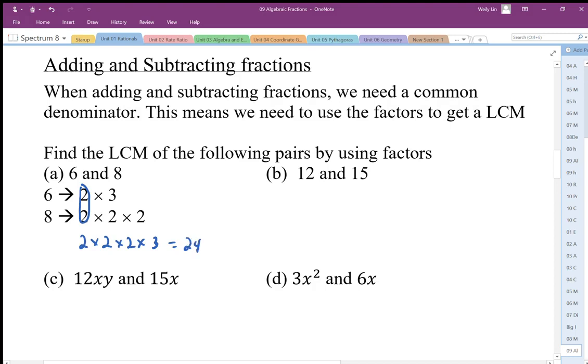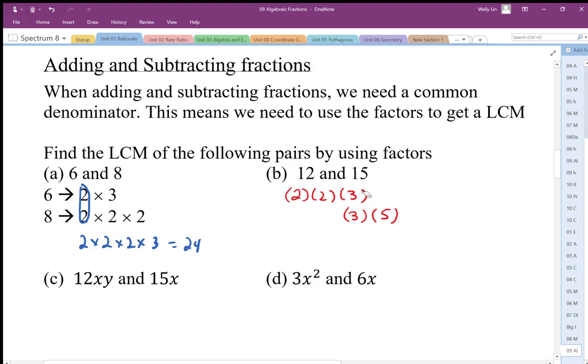Okay, so this one here I'll do with just the first method. So with 12, 12 is 2 times 2 times 3. With 15, I have 3 times 5. Okay, the top guy can ask himself, what am I missing that the other guy has?